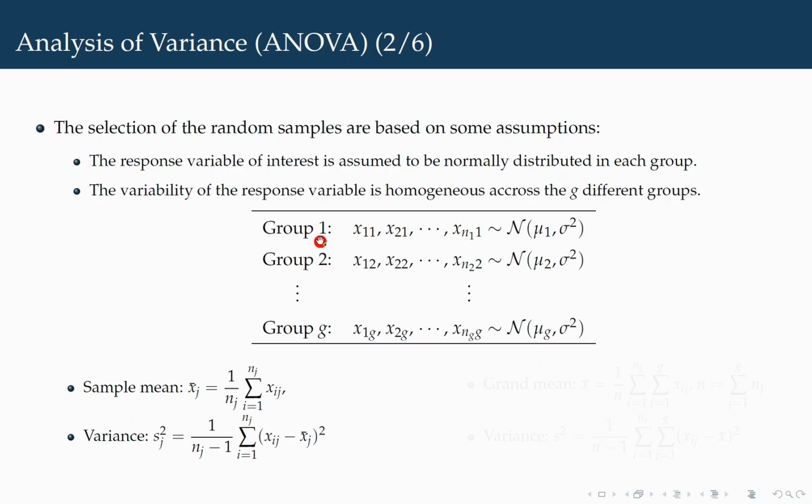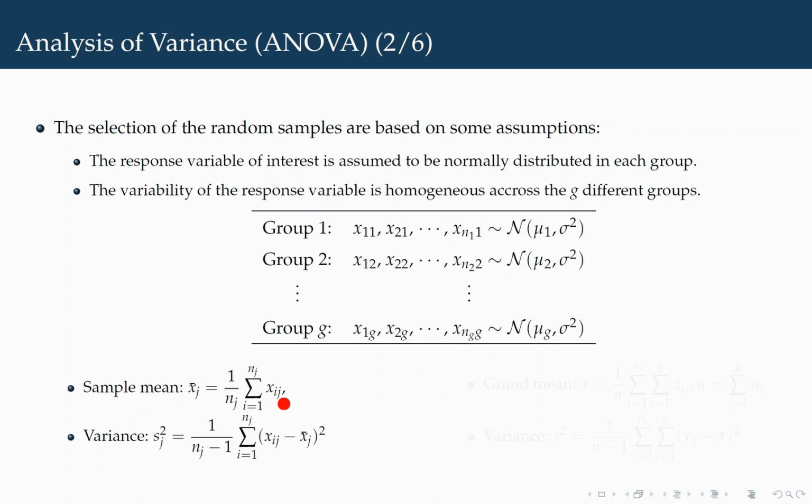So the sample mean of group 1 is nothing but the sum of these values divided by n1. The sample mean of the second group is the sum of these values divided by n2. And the sample mean of group G is the sum of these values divided by nG. So in general, the mean of the jth group can be obtained as 1 over the number of observations of that group times the sum of all the observations belonging to that group.